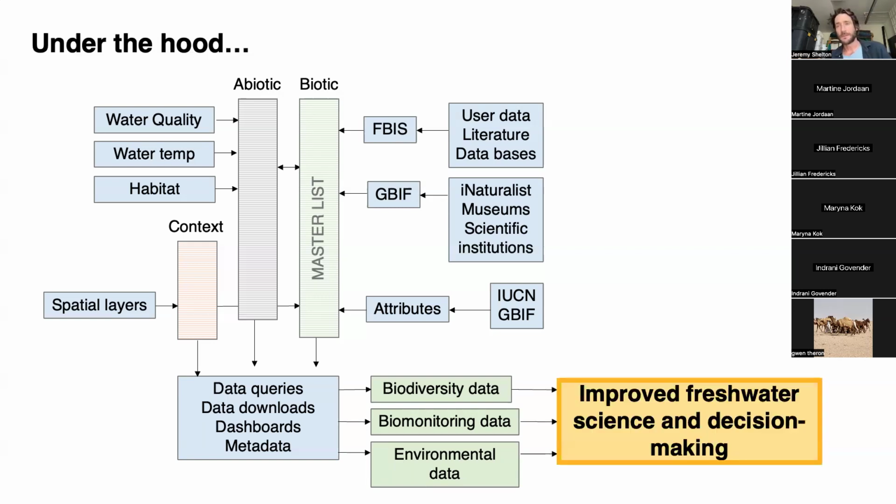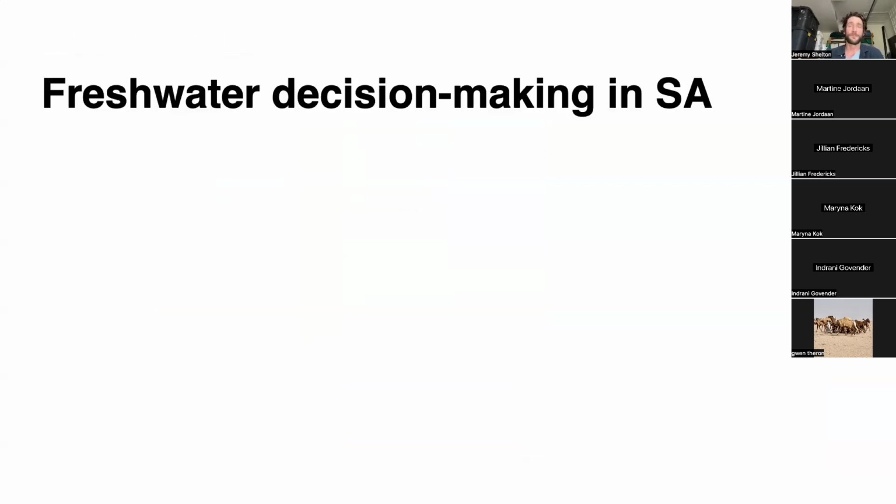And the whole objective here is for these outputs to result in an improved freshwater decision-making environment in South Africa. And that's both from management and conservation perspective, but also from a science and research perspective as well.